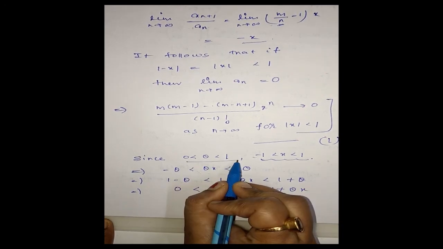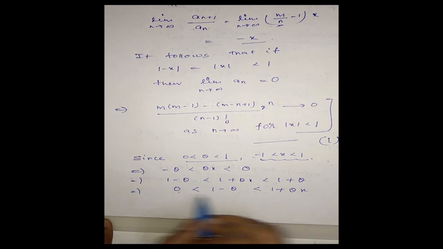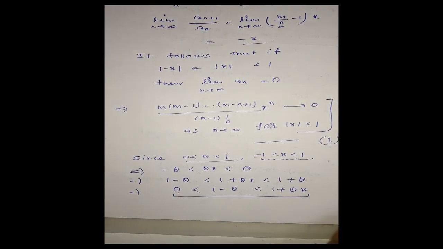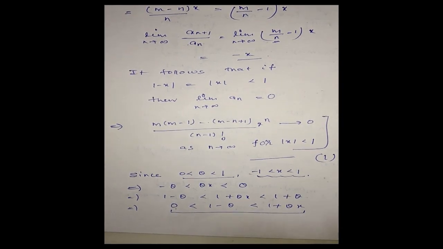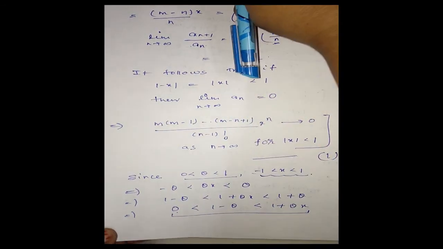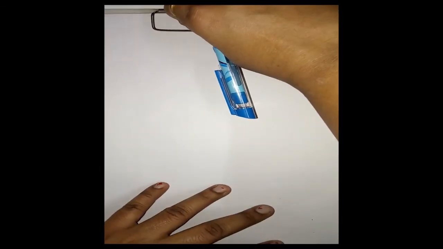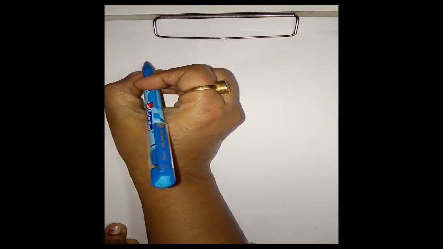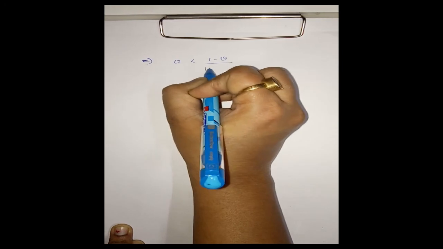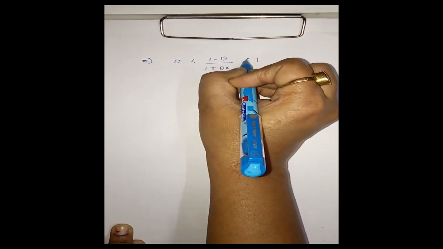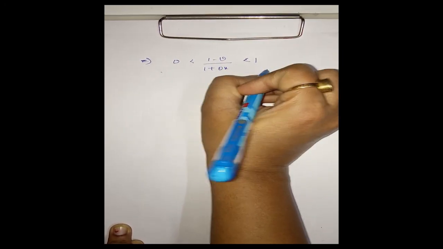Since theta lies between 0 and 1, 1 minus theta is positive, therefore we have this. Okay, and from this we get (1 minus theta) by (1 plus theta x) lies between 0 and 1. Now on dividing by 1 plus theta x here, we have this. That means we have this. This implies 0 less than (1 minus theta) divided by (1 plus theta x) less than 1. That means this lies between 0 and 1.